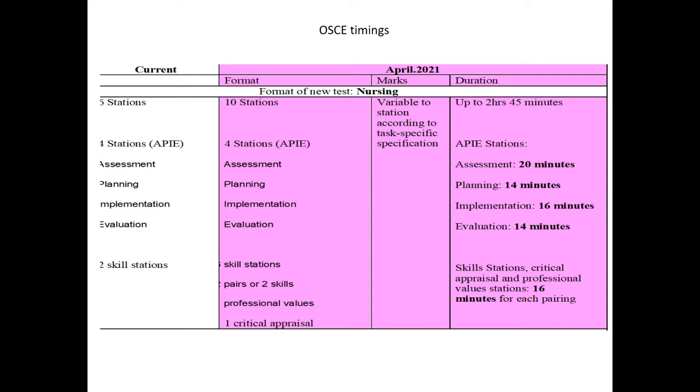Then in implementation, you demonstrate how you are safe in administering medications, so you have to demonstrate your basic knowledge about medications. Say, for example, you're tasked to give a blood pressure tablet. You have to show that you know this is a blood pressure tablet, so you're going to check the blood pressure first and see if it's safe to give this.